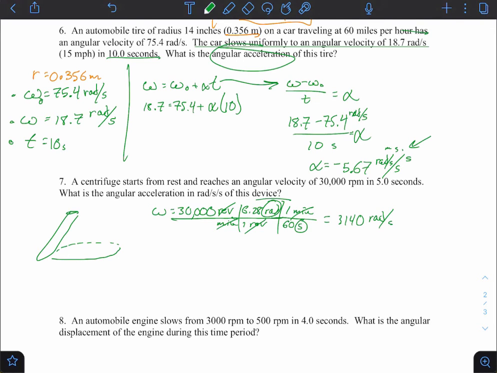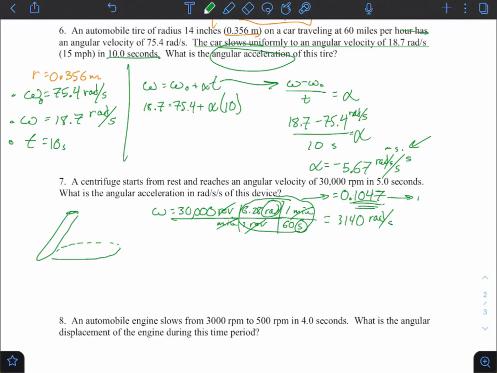By the way, to go from revs per minute to radians per second, you're always going to do this step, which is always going to be 6.28 divided by 60. This is always going to be equal to 0.104. If you can somehow remember 104.7, maybe that's your favorite radio station. I think that is a country radio station in our town.